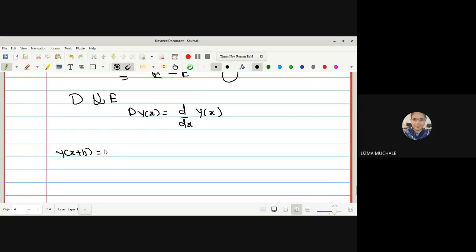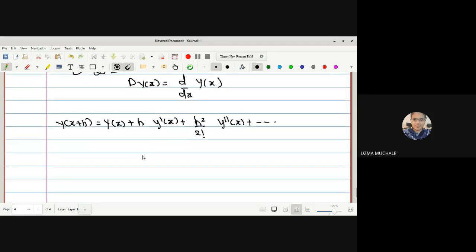Tell me the formula. y of x plus h is y of x plus h into y dash of x plus h square by 2 factorial y double dash of x, up to and so on. So in this way now we have to use a shift operator E so that we can find out a relation between D and E.